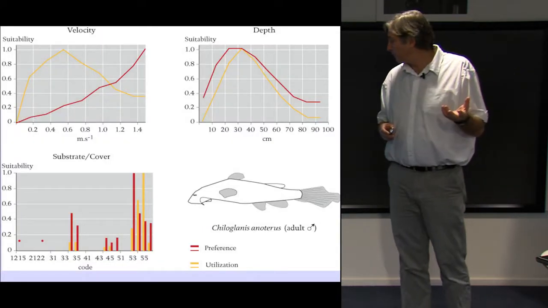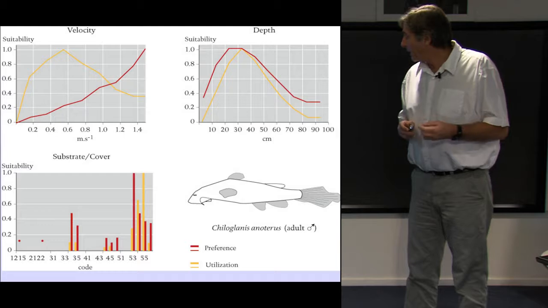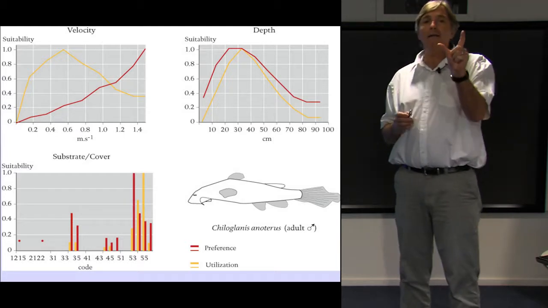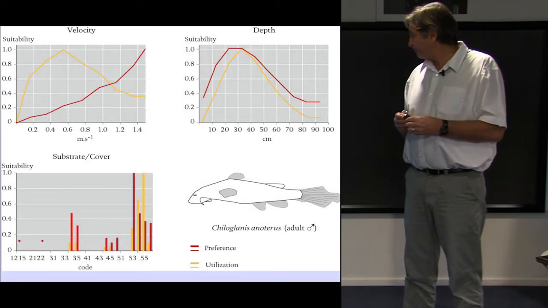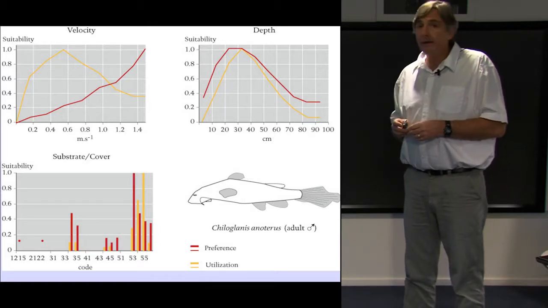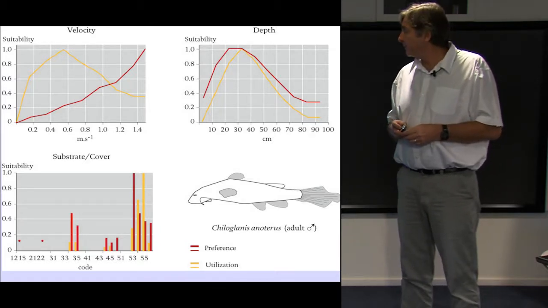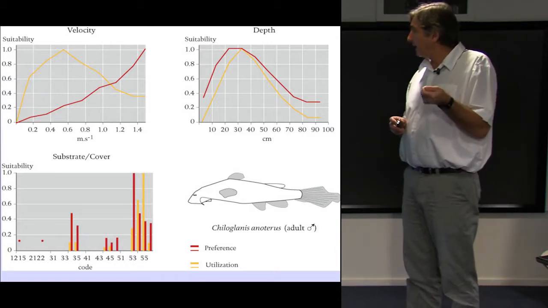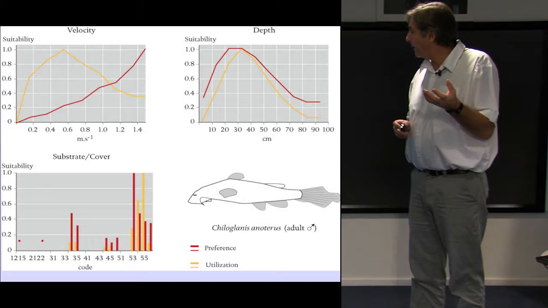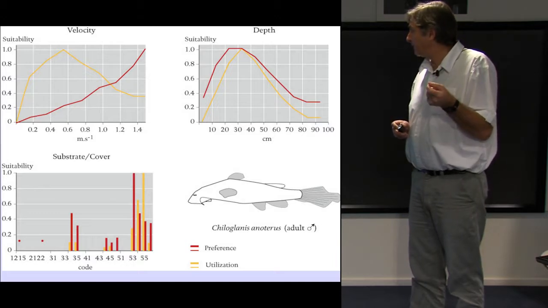Here's an example fish, Chiloglanus anoterus, which is a little rock catlet, only about that size, but very, very flow dependent. These graphs show the characterization of the utilized habitat in yellow and the preferred habitat in red.